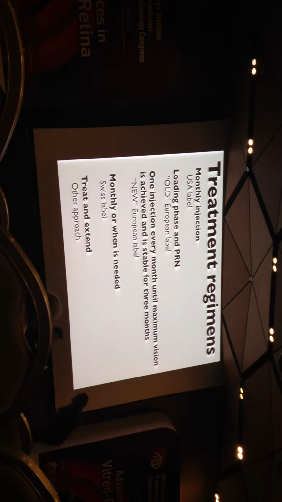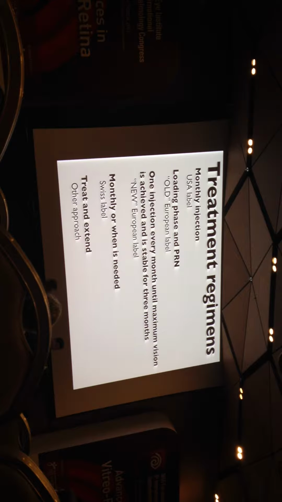Okay, so as we heard since yesterday, and probably everybody knows, about the treatment regimens. We have a monthly injection of the anti-VEGF, the loading phase, and then PRN, like the old European label.